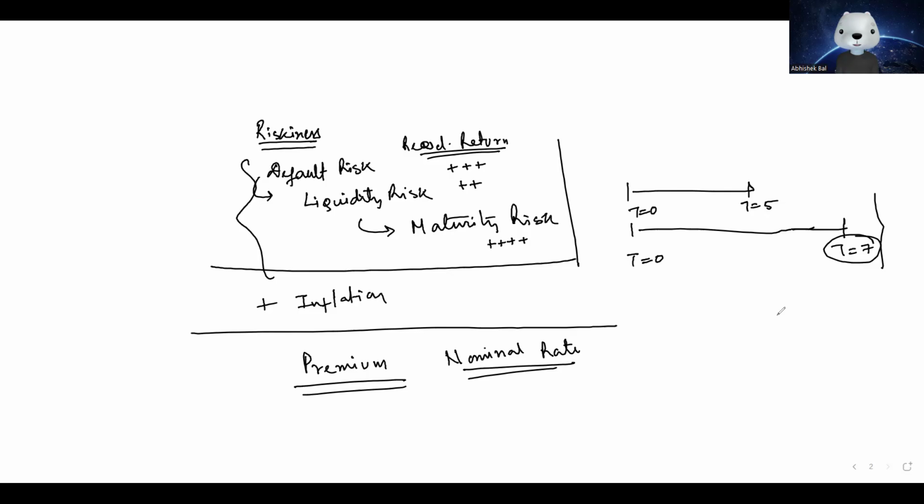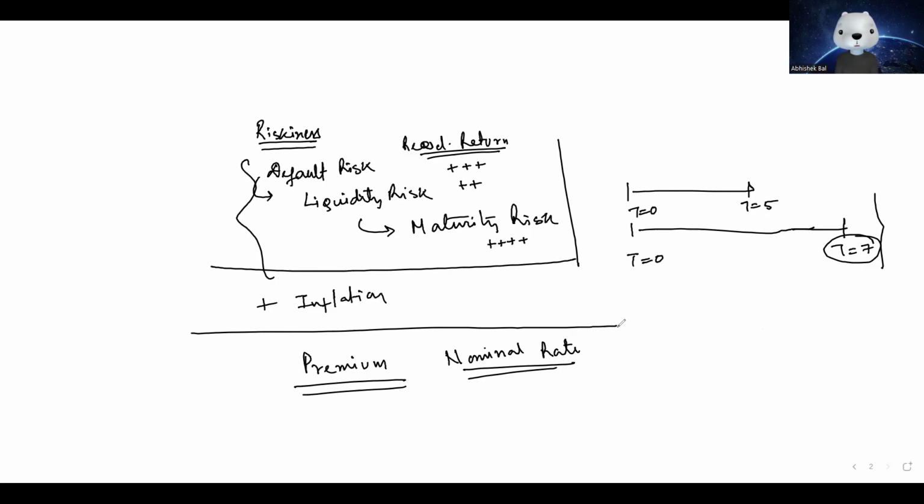You and me, mostly we deal with a nominal rate. Think of it: if you're borrowing from the bank, then obviously it becomes the bank's problem and the bank's headache, so to speak, that you might potentially default on your required payment at some point in time in future.